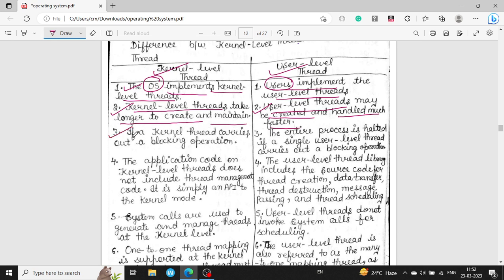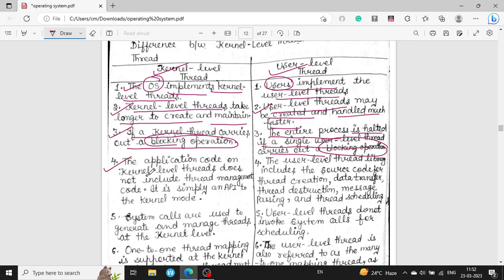Third point, if a kernel thread carries out a blocking operation, only that thread is blocked, while on the other side, in user level thread, the entire process is halted if a single user level thread carries out a blocking operation.